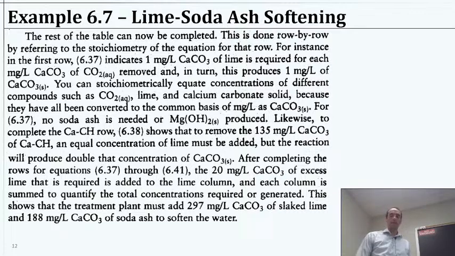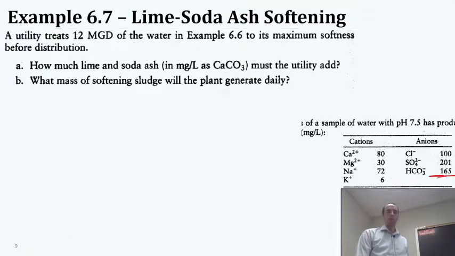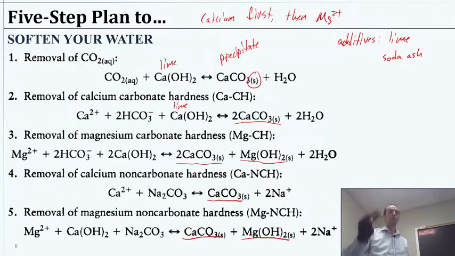They're walking through the 5 equations saying, okay, we started here, we made this much precipitate. Went here, this much precipitate. Here, we didn't have this reaction. Here, we had more calcium carbonate. And then the final step was we had calcium carbonate and magnesium hydroxide solids.